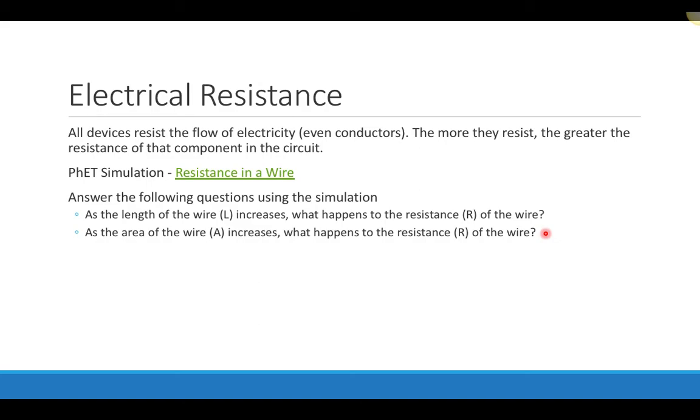As the area of the wire increases, what happens to the resistance? So if you have a larger cross-sectional area of wire, it actually reduces the resistance in the wire. So a very thick wire is going to have less resistance than a very tiny thin wire. That's going to have more resistance.